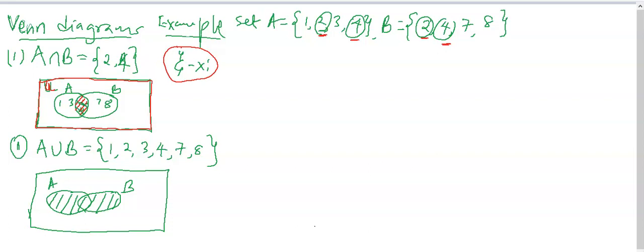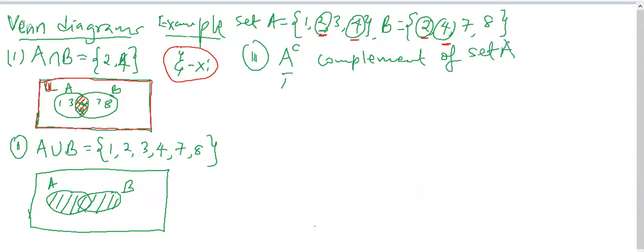Now, note that you can also represent the complement of A. This is the absolute complement, the complement of set A. It is denoted like that. Some books write it this way, others like this.